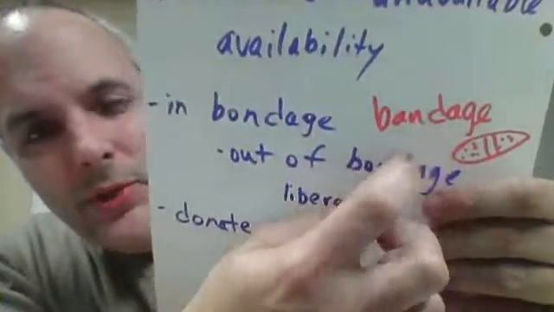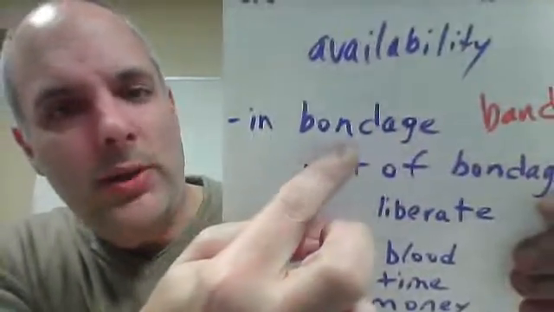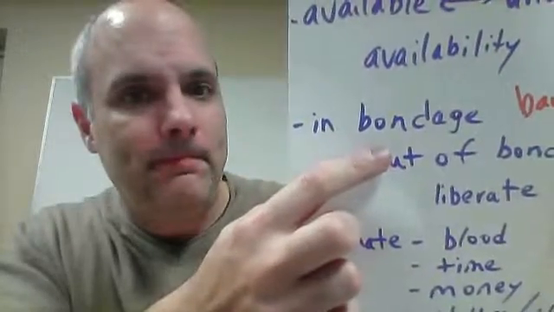I can't draw very well, but I'll try, okay? So here's a bandage for your head. Now it's a little bit close, bandage, bondage, okay? But bondage means that you're tied up. So maybe a kidnapper will tie you up, and then we'll say you are in bondage, okay?